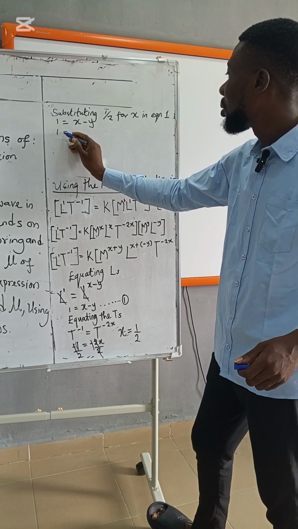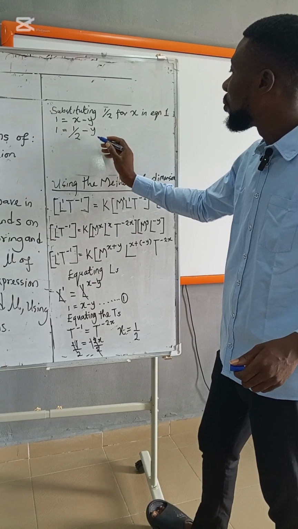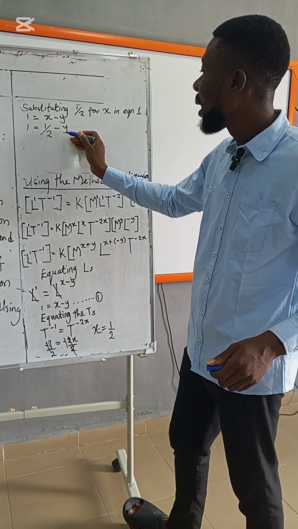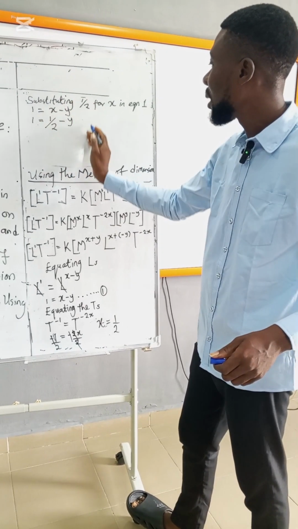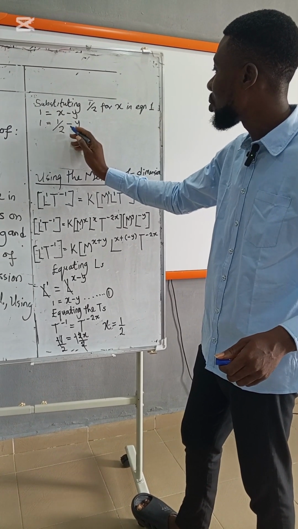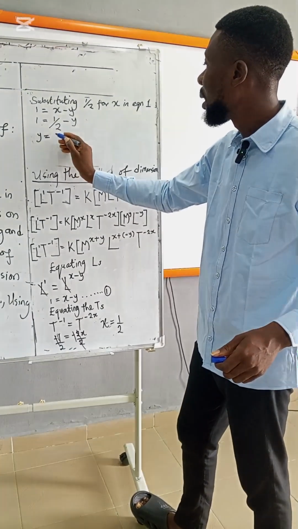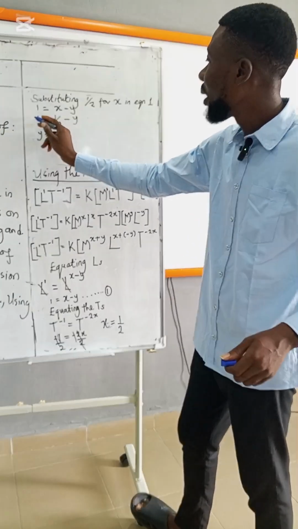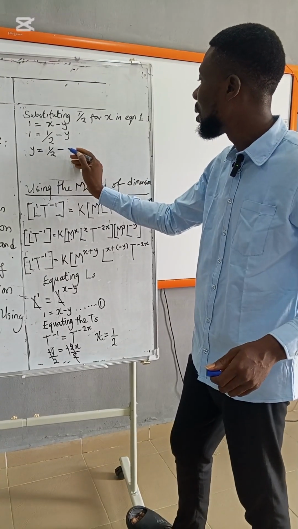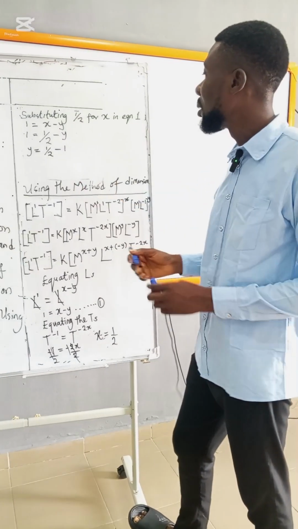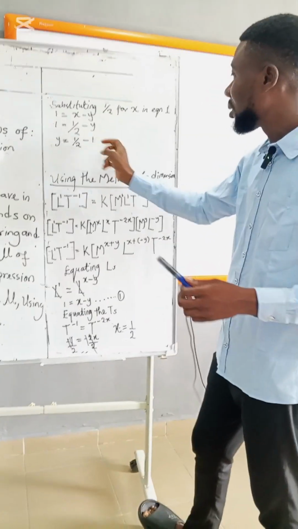So we have 1 is equal to 1 over 2 minus y. Since we're looking for y, I could decide that let me take minus y to this side and bring this 1 to this side. Now, the owner of this minus is y. So when minus y moves, it becomes positive y. Then you have 1 over 2. Now, this has invisible plus, when plus 1 crosses the equal to sign to this side, it becomes what? Minus 1. Now, there are different ways of making y to stand alone, but I just had to use this.